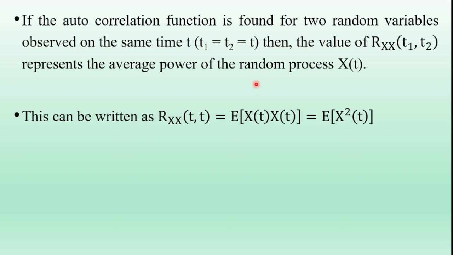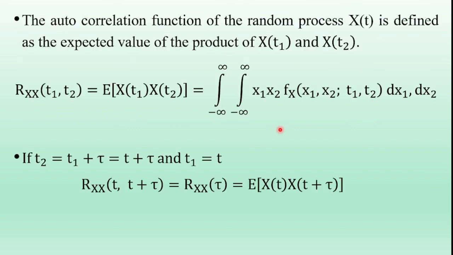Now here the autocorrelation function is determined for two random variables observed at the same time instant. That same time instant is t1 equal to t2, t2 equal to t. So Rxx of t comma t is equal to the expectation of x of t into x of t. In this equation, substitute t1 is equal to t and t2 is equal to t.